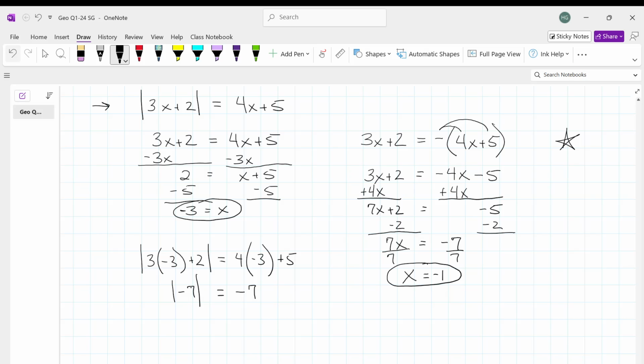Now, can an absolute value ever be equal to a negative? It can't, can it? So anytime you have an absolute value equal to a negative, that would be called extraneous. The -3 is called an extraneous solution, so we don't use it.